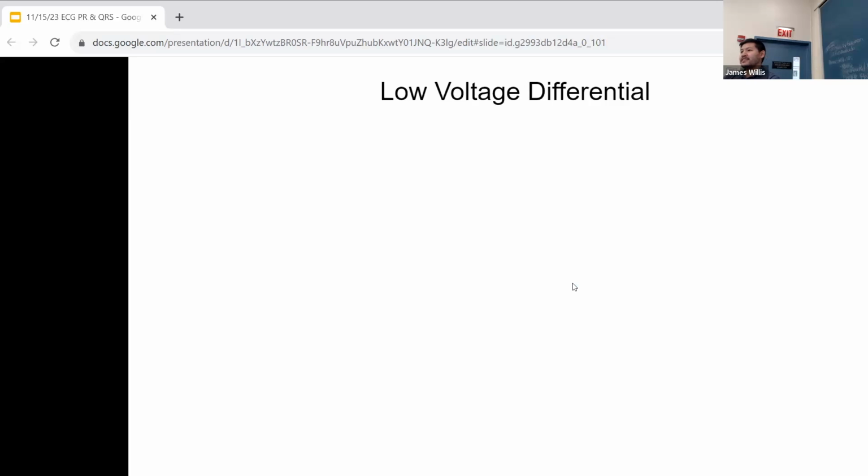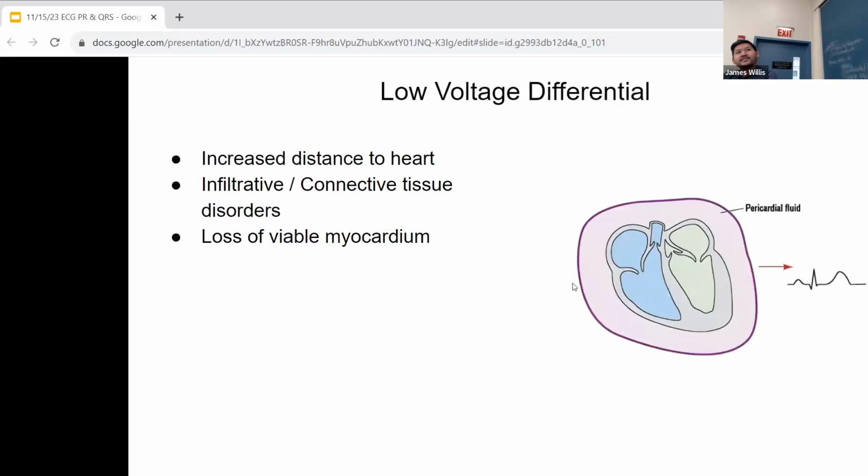Machine error. All right. So the way I divide it is that anything that increases distance from the leads to the heart can decrease the voltage. Infiltrative diseases and loss of viable myocardium, like in an MI or cardiomyopathy. And just make sure the calibration is not set to half standard.